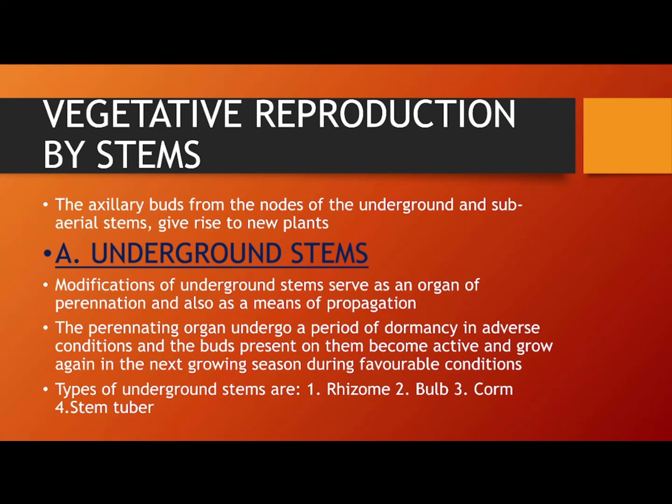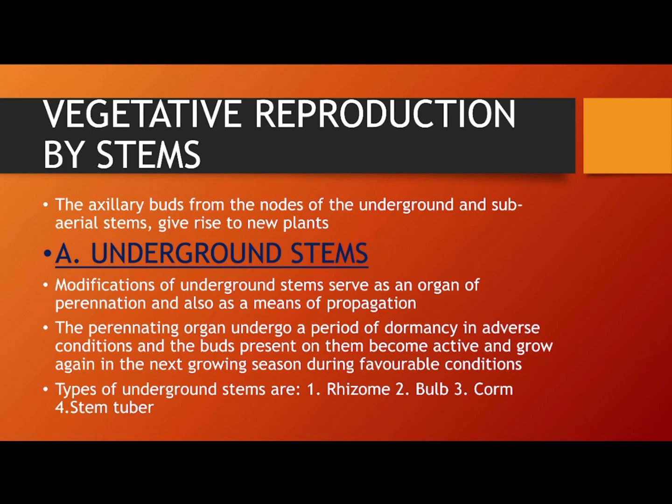Modifications of the underground stem help to store food material, help as an organ of perennation, and also do vegetative propagation. So these underground stems remain inside the soil at the time of adverse conditions. Adverse conditions, for example, could be a dry condition, that is drought, or it could be winter.